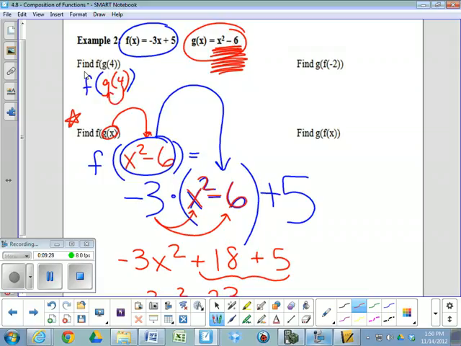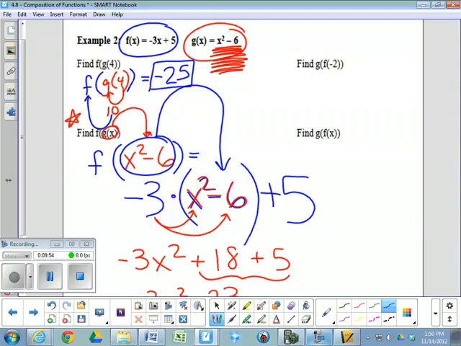What's 4 squared? The students say 16. Minus 6, 10. That's a temporary answer that you now plug into F's equation. What's negative 3 times 10? Negative 30 plus 5. Negative 25.